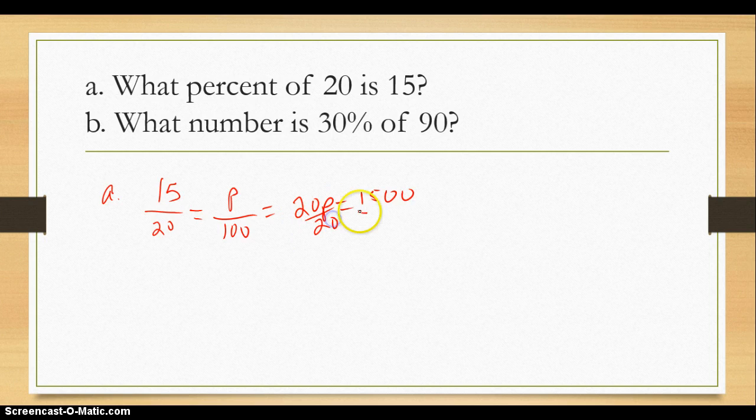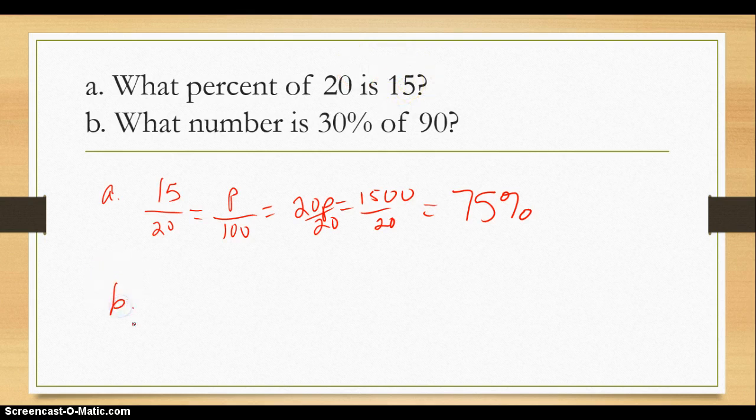Divide by 20. So 1500 divided by 20 is 75%. We can almost restate the question now and say that 75% of 20 is 15.